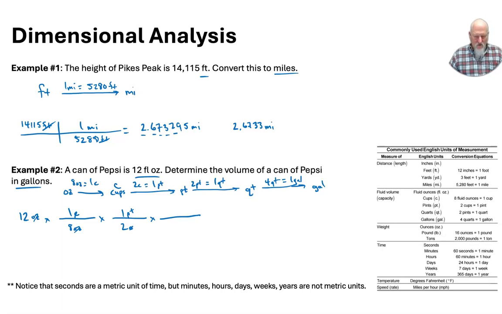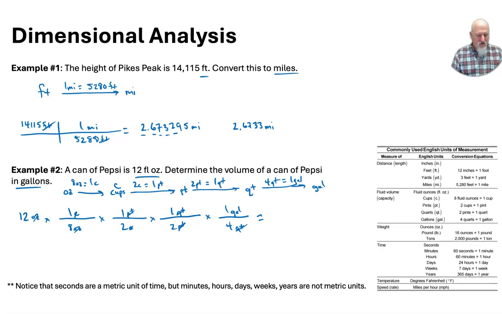Pints to quarts, so 2 pints, 1 quart, pints cancel. So you can see at each step we're canceling a unit. And then quarts to gallons, 4 quarts, 1 gallon, quarts cancel, and I'm at the units I want, so now I just have to do the calculation.